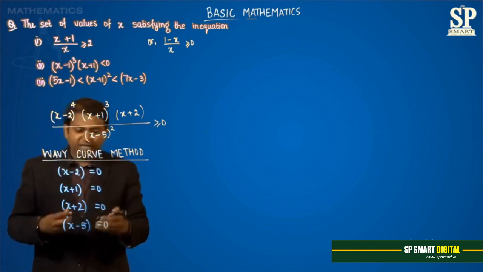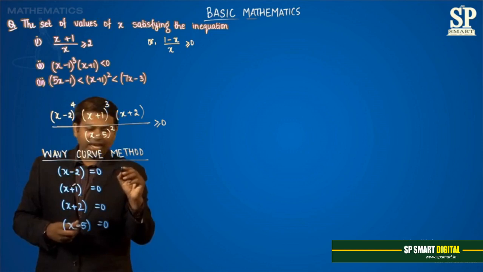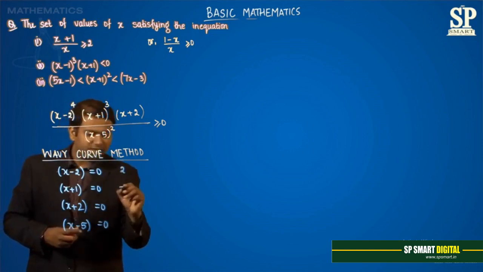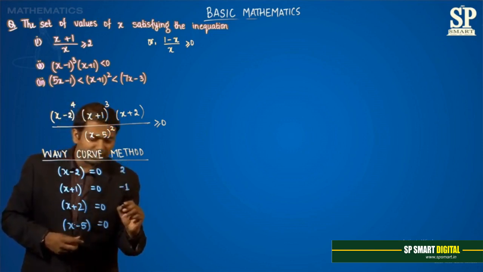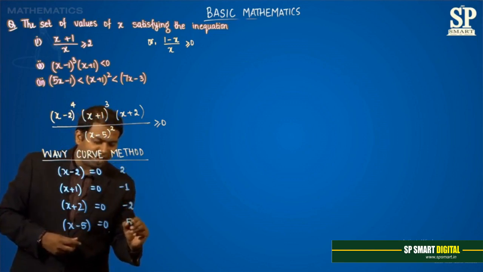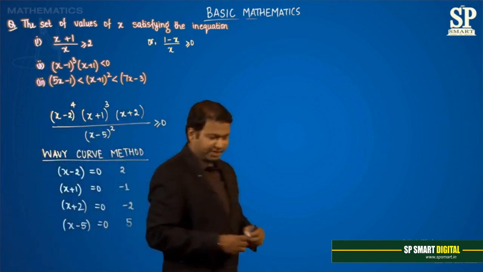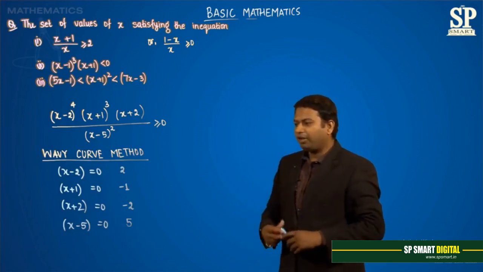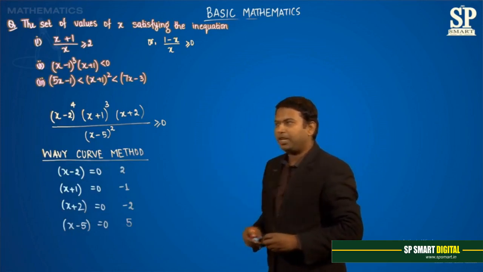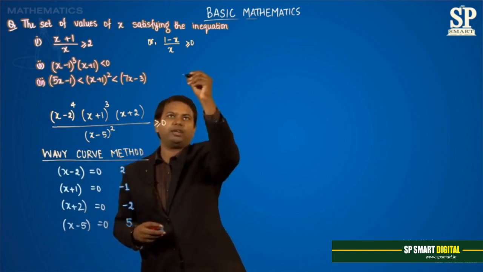Now if we solve these four, we find that x is equal to 2 in the first case, minus 1 in the second case, minus 2 in the third case, and 5 in the fourth and the last case that we have here. After we have done this, the next step is to draw a number line.